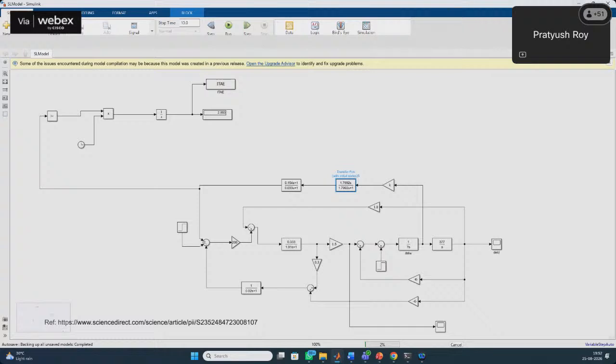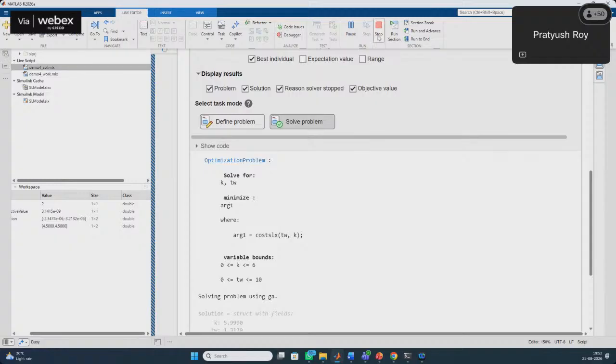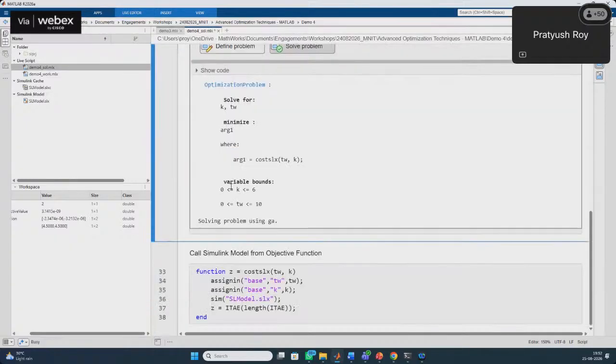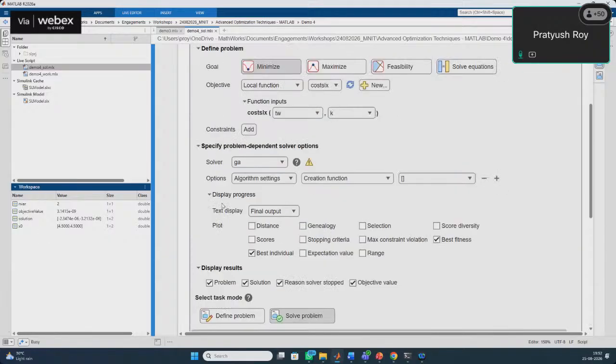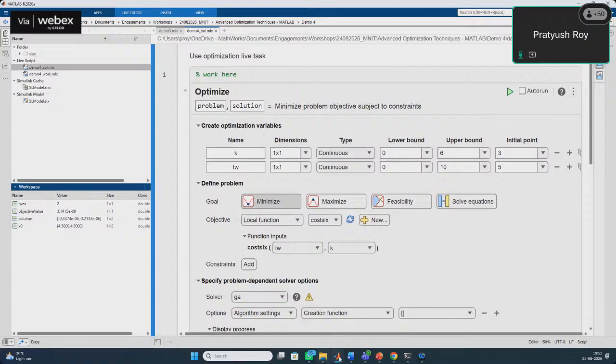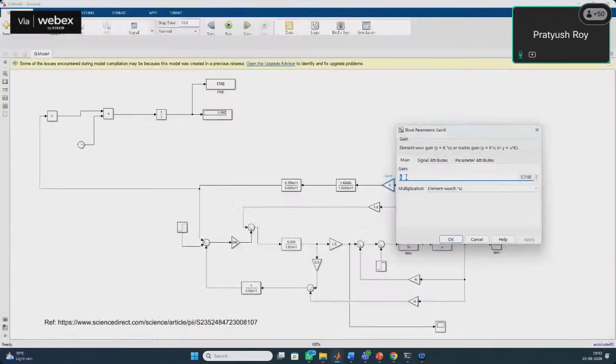What I'll do is I'll probably stop this. Okay. And you will get the K and T0 value from here. If you stop it here and go back to the model, you will see that the K value is 5.7195 and the TW value is 1.242 or 1.2.